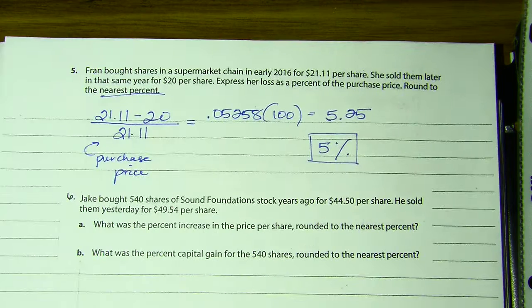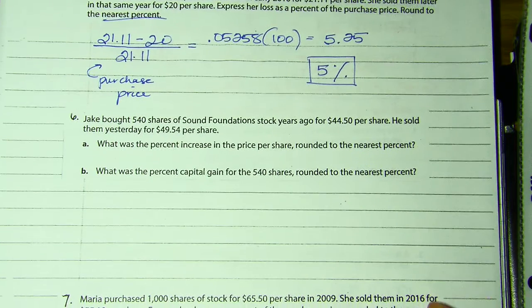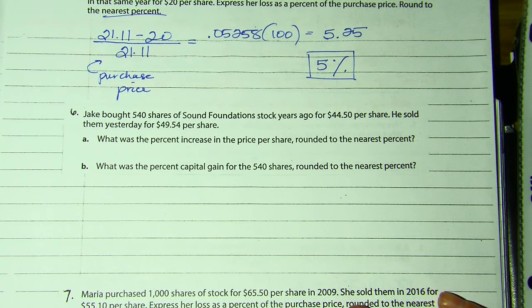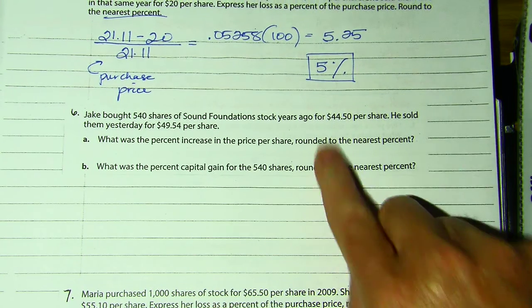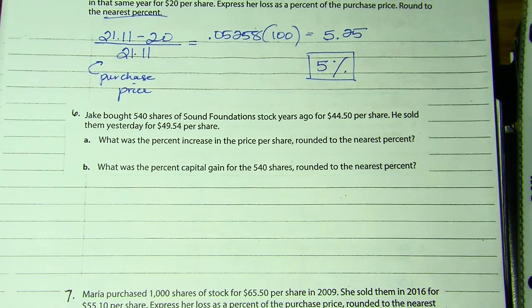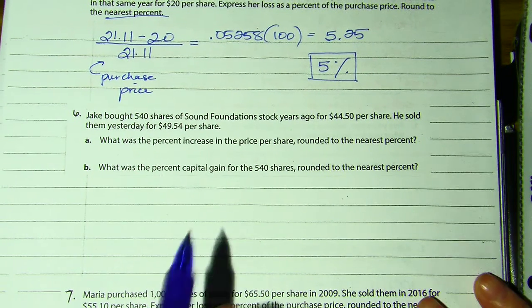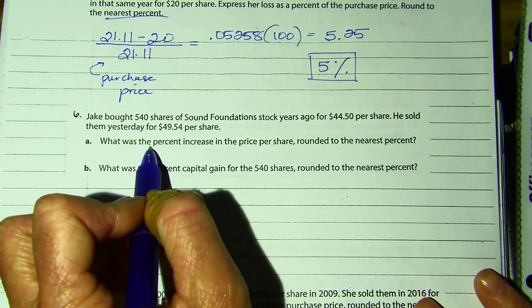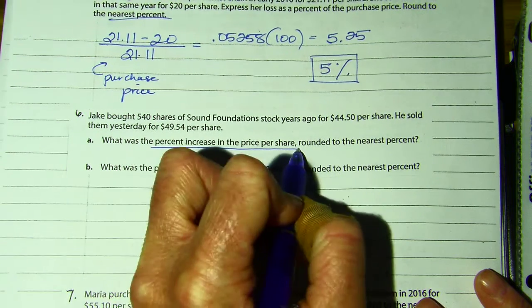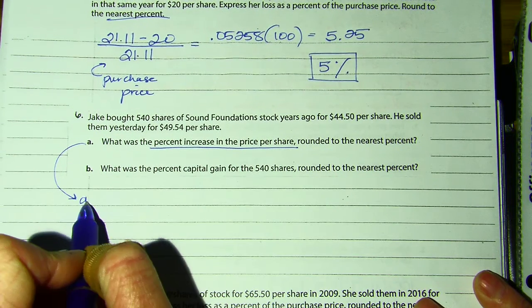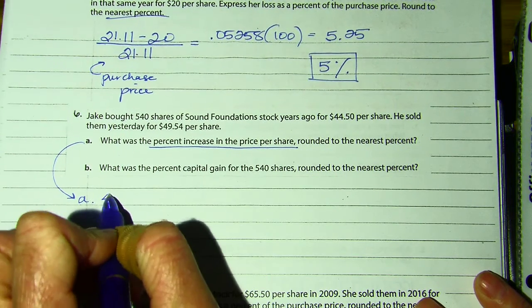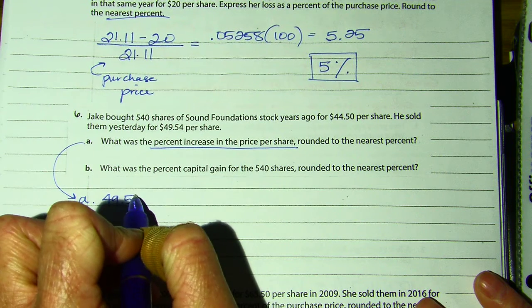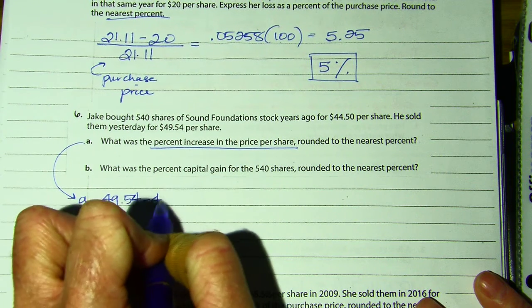Number 6. All right, so Jake bought 540 shares for $44.50. He sold them yesterday for $49.54. So the first wants to know the percent increase in the price per share. So I'm going to do part A here. This is talking about the price. So I'm finding the difference.